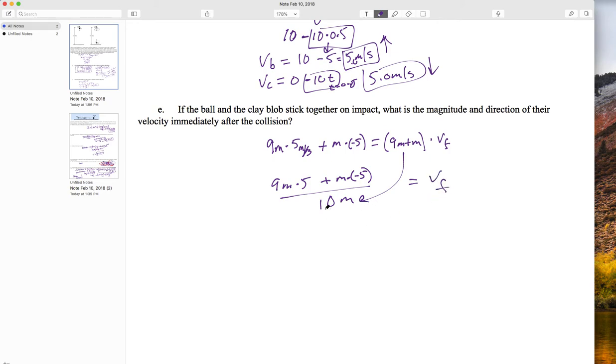If both of these have m and this has m, I can just simply cancel those out, and I get 45 minus 5 over 10 equals vf. Well, this is just 40 over 10.